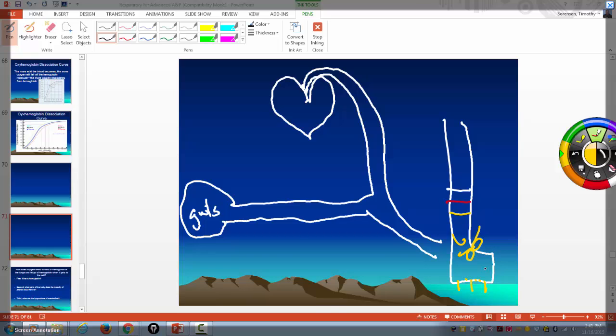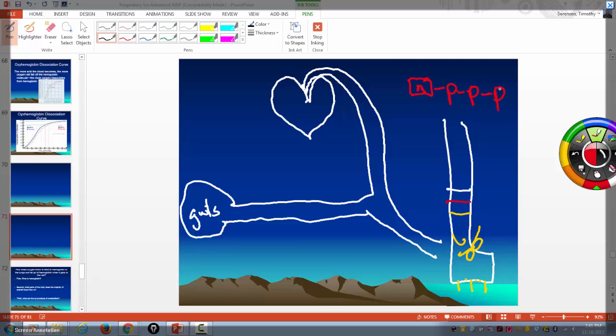Where do they work optimally? 98.6. So here we go. Watch. This is perfect. If you start running, you need to make ATP inside your cells. ATP is a molecule of adenosine with one, two, three phosphates.